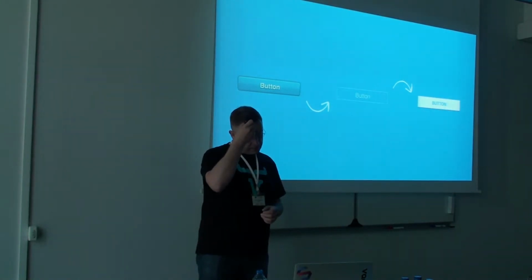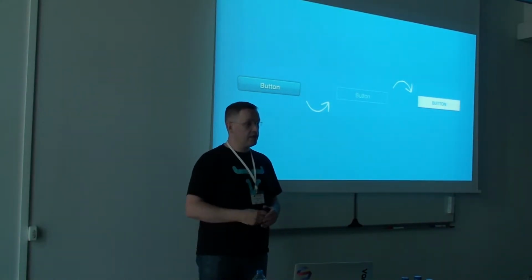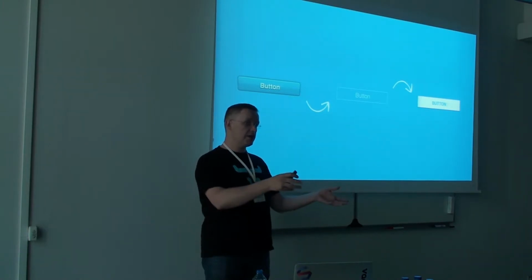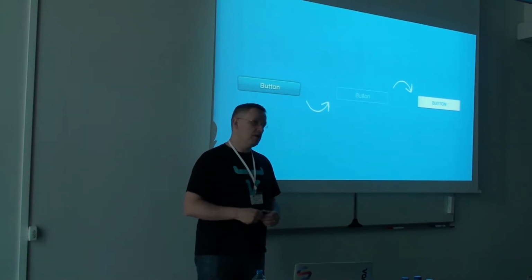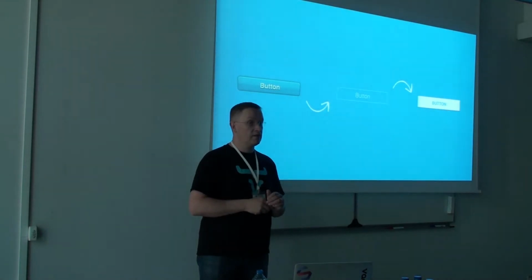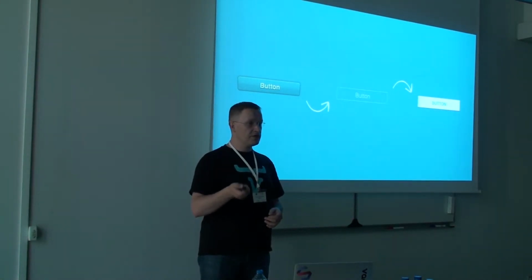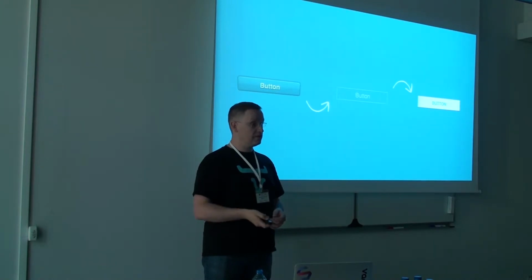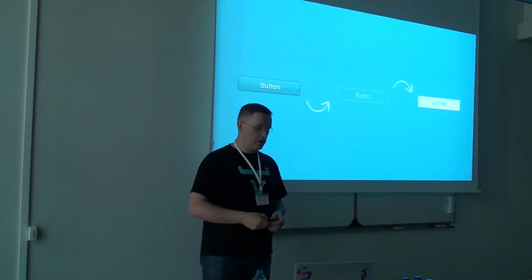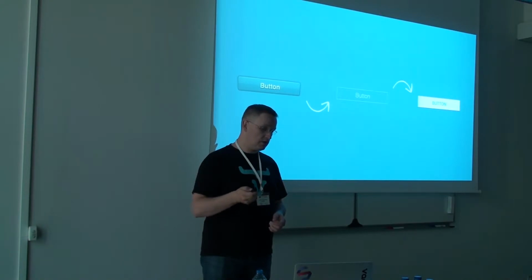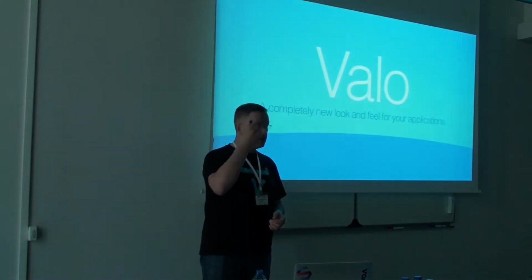And the dilemma here is that if you are building a business application, a huge application with a big team, it easily may take a year or two before you make the first release. How do you make sure that your app doesn't look dated on the day it ships? Our solution to that is Valo.